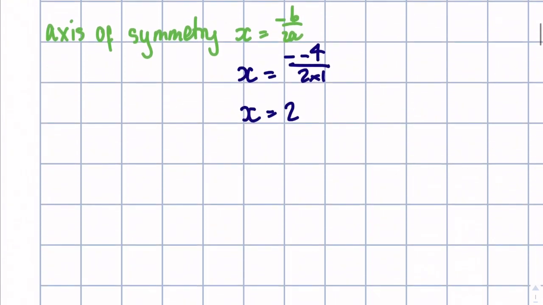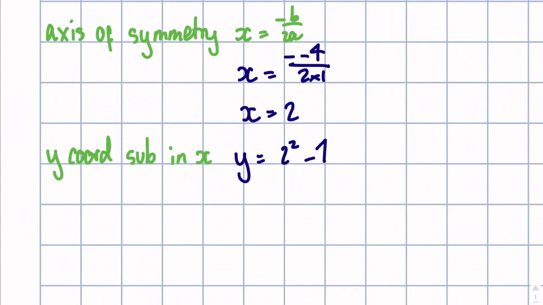Cool. And now the y-coordinate of this, so we sub in x. Okay, so we get y equals 2 squared, take 4 times 2 plus 5. So that's 2 squared, which is 4. Take 8, which is negative 4, plus 5, y equals 1.